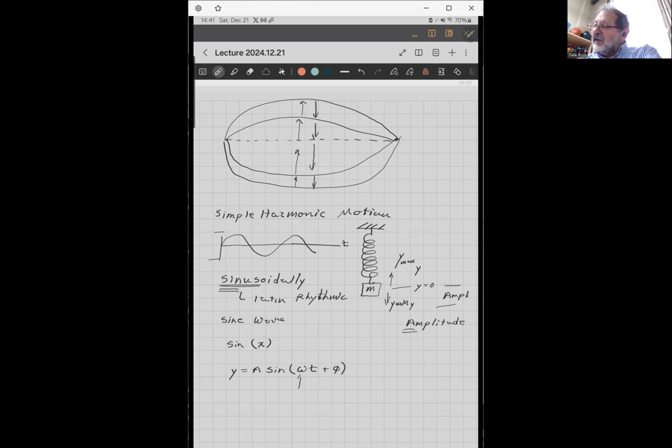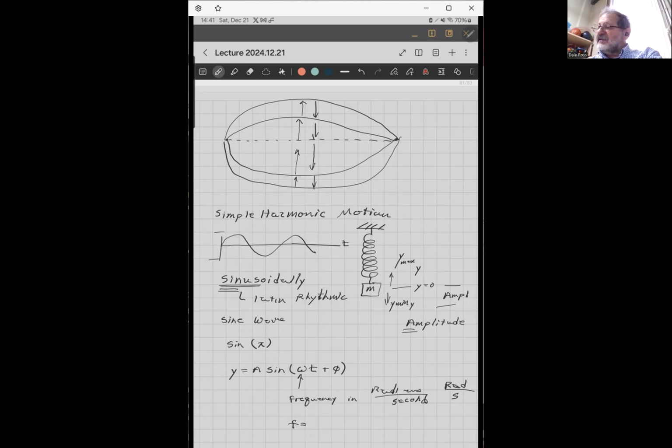Okay. Now, this omega is the so-called frequency in radians per second. Okay. Rad per s. Okay. If we were to convert this to frequency, of course, f, the frequency of just the time of repetition, how many times does it do this in one particular second?